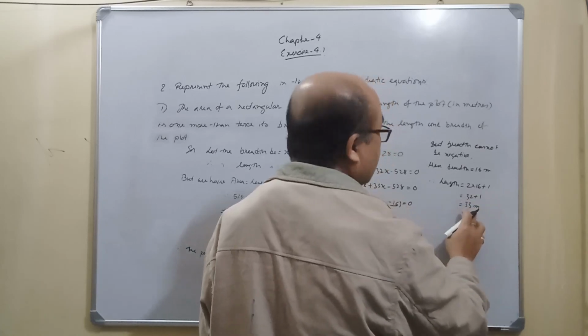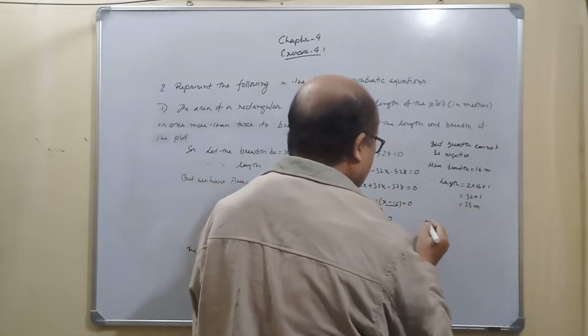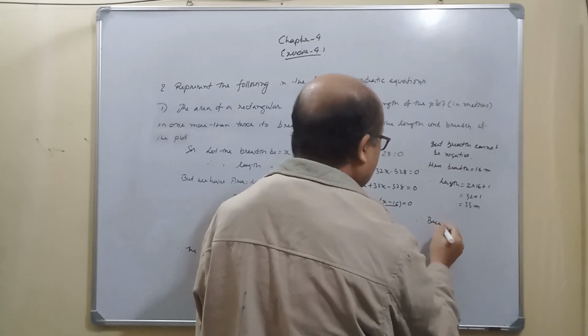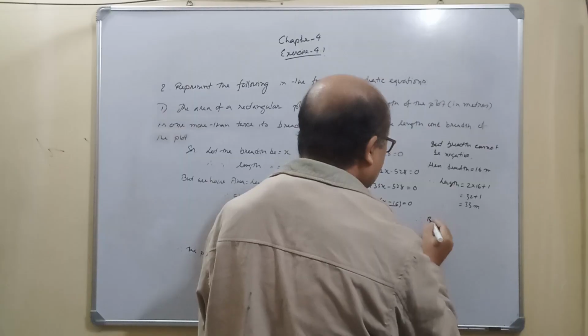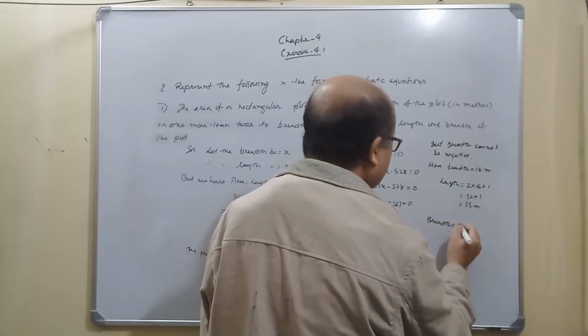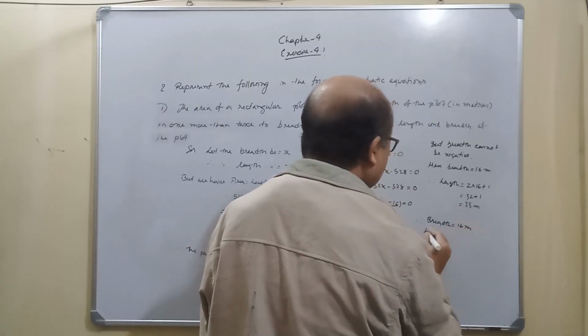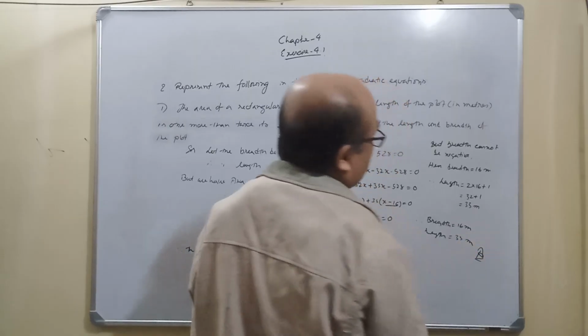You have to write the unit here also. Hence breadth is equal to 16 meters, length is equal to 33 meters, and that is your answer.